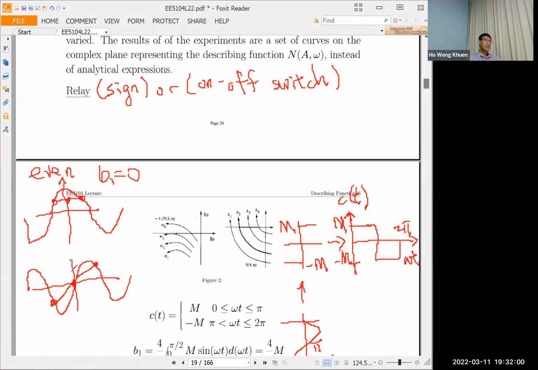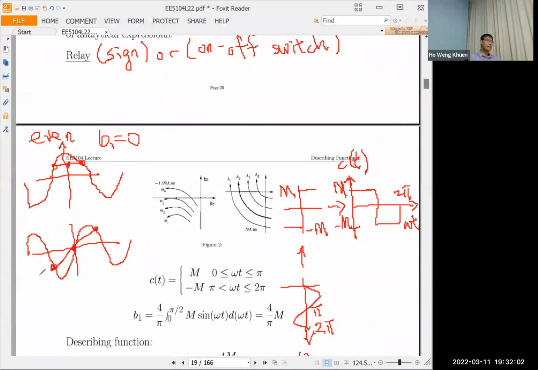So this is a simple test for an odd function. All right, these are secondary school maths. Then your A1 will be equal to 0. Don't need to do. So in this case, this is an odd function because it is symmetrical, you extend it, you draw this, you will find that, oh, okay, it's odd. So A1 don't do. So you only do B1.